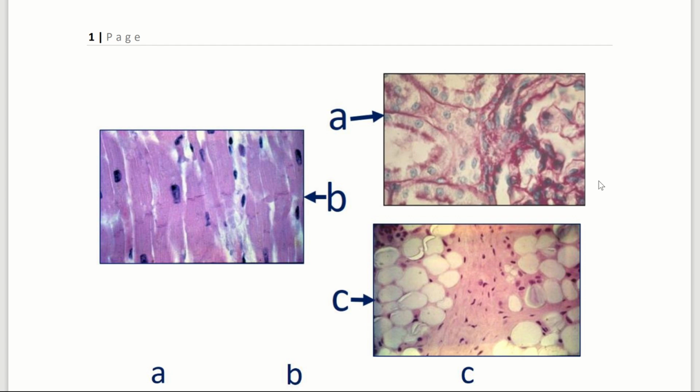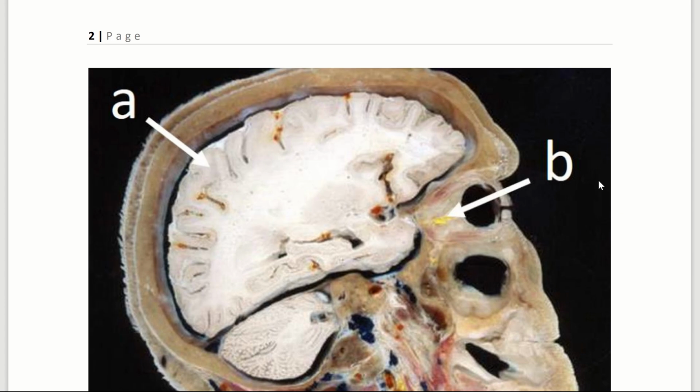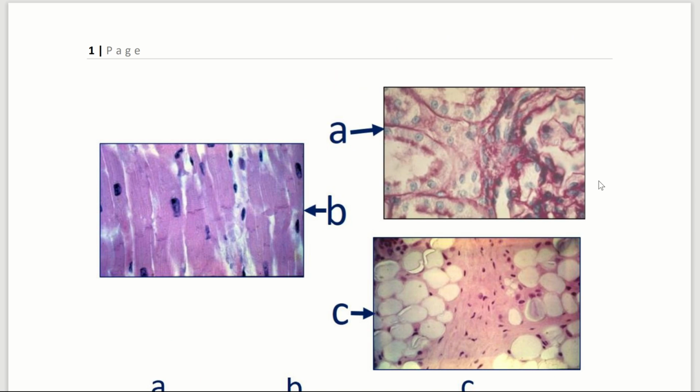Hopefully when you're looking at these images, you'll see that the concepts that I'm trying to get you guys to pay attention to are a little more basic in terms of scope. The questions on your midterm are going to be a little bit more broad. They're mainly going to be identification and the function of what's being identified.